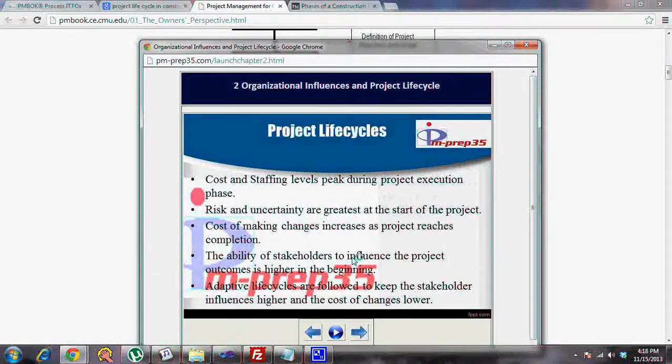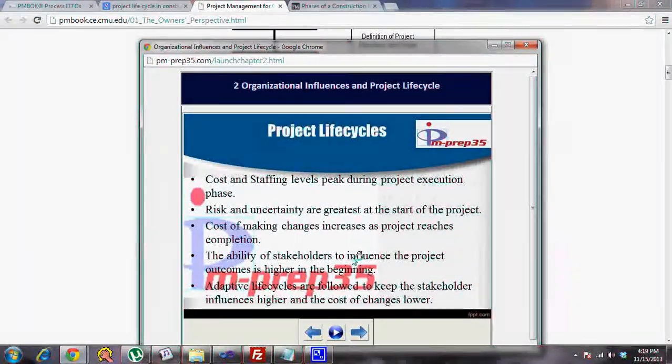So that's why as your project nears completion, cost of making changes is higher, and the risk is higher during the start of the project.